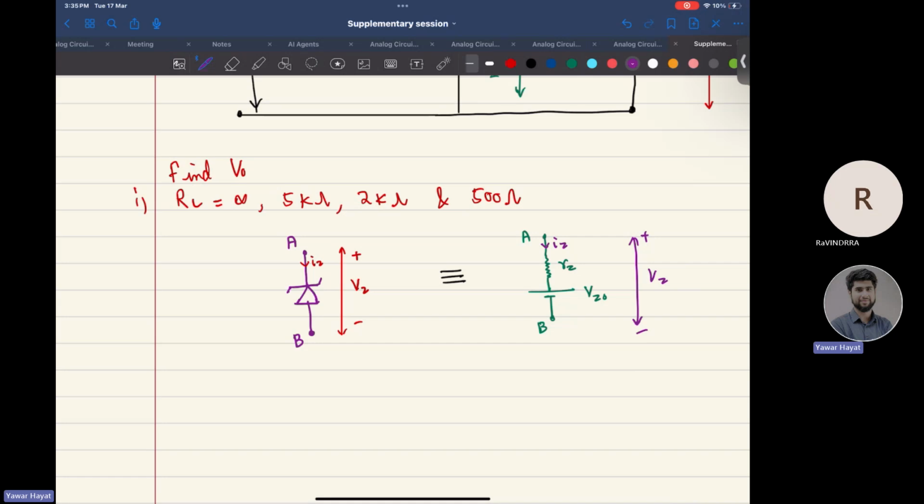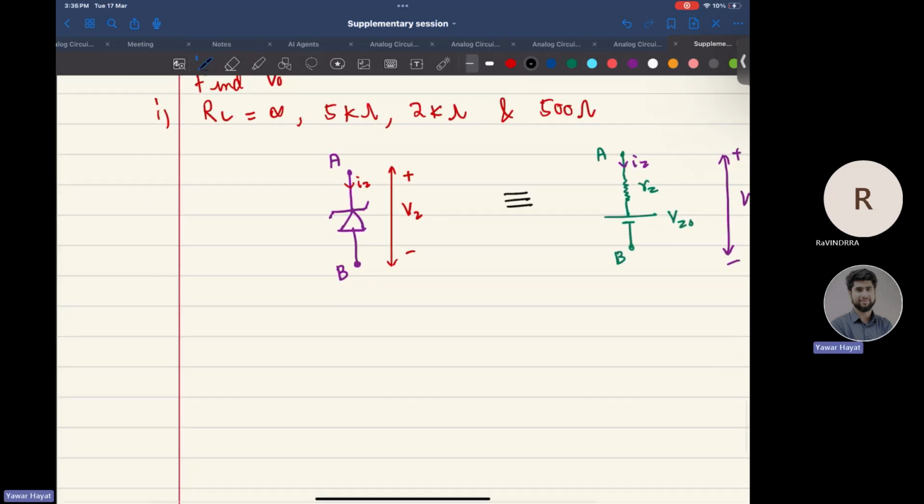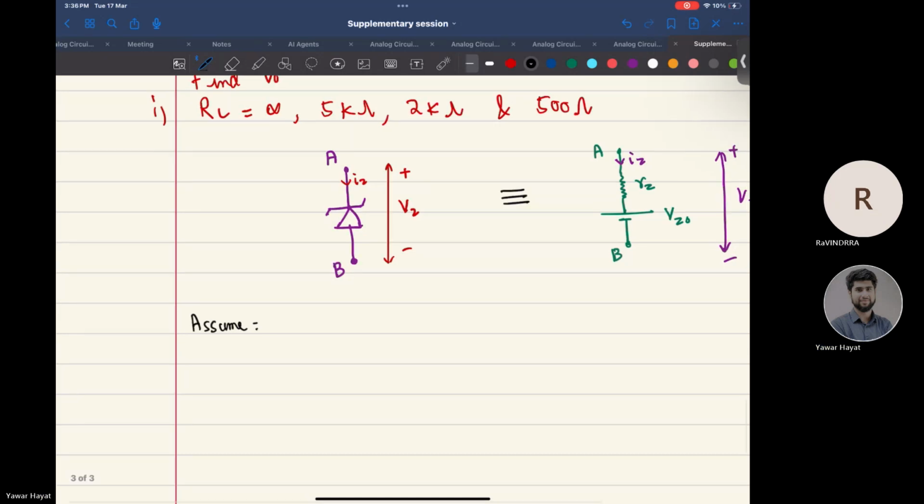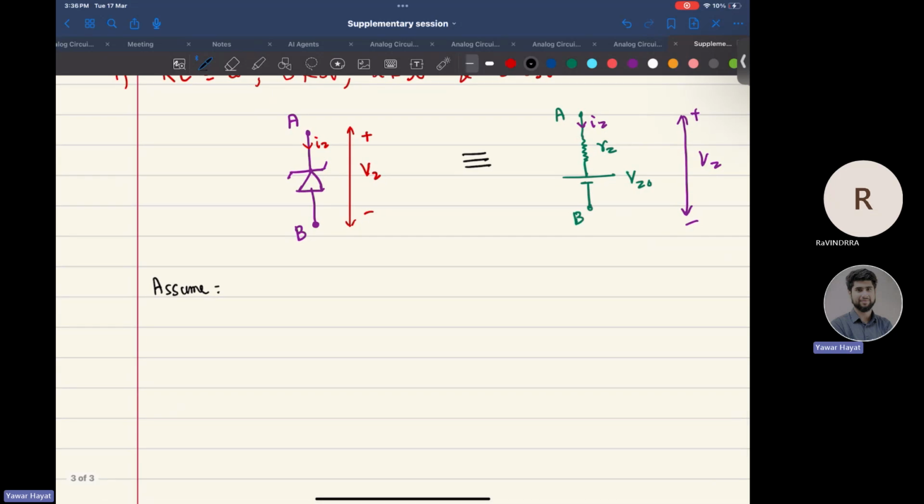Okay, so now we'll have some assumptions. We will assume quite a few things actually. Firstly, this test VZ0, the drop across these terminals A and B. Let's assume that this is 4.9 volts.